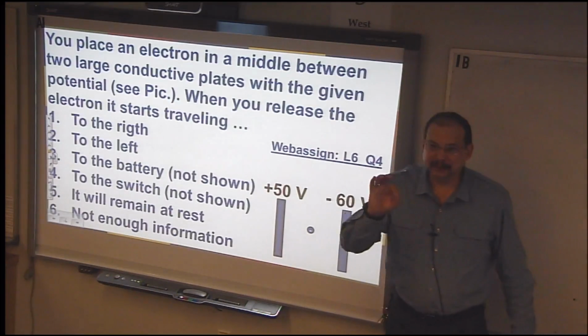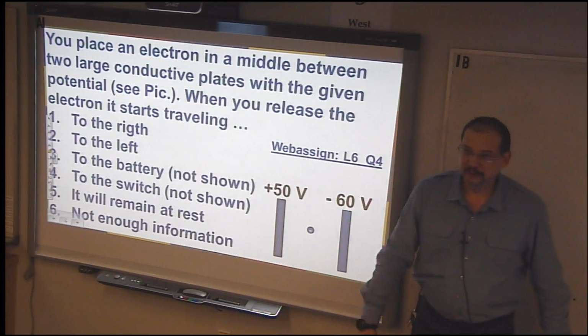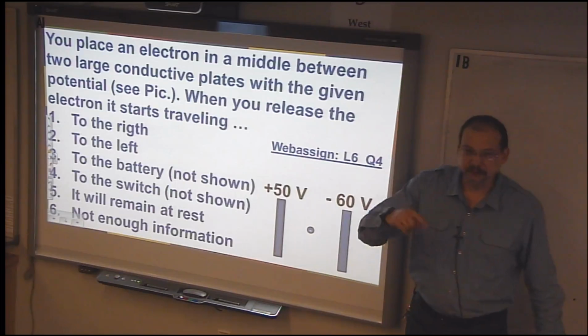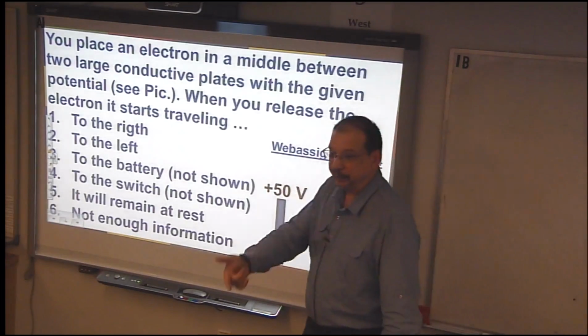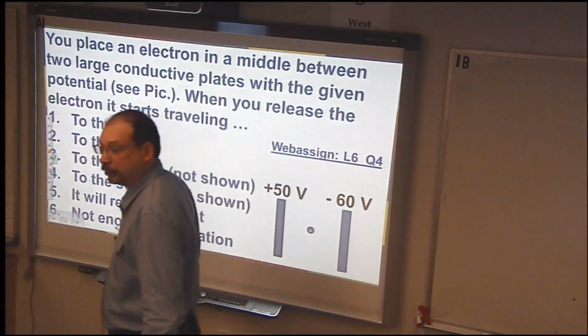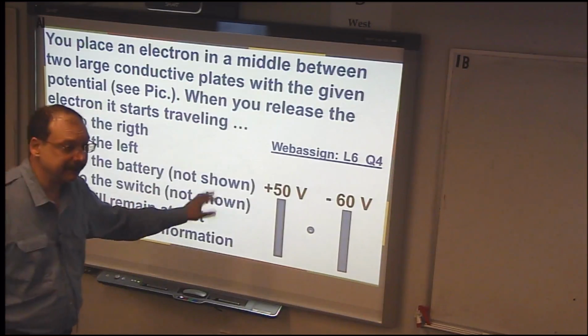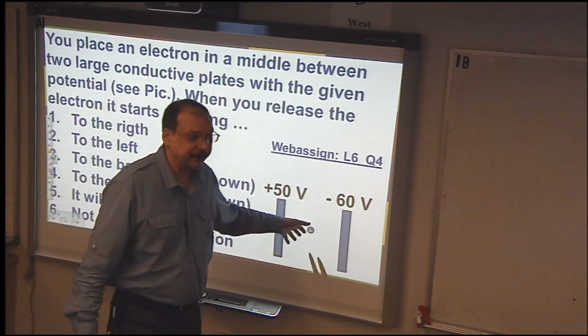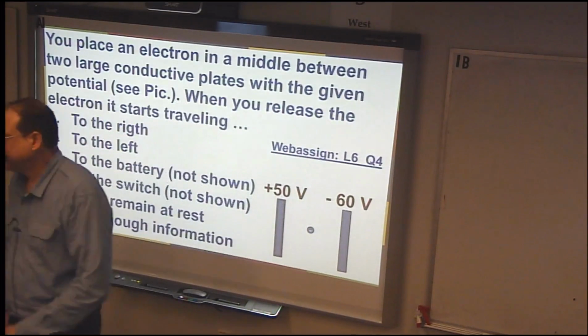If you let an object go from rest, the direction of its motion from rest to not rest anymore should be the same as the direction of the acceleration. But acceleration is provided by the force, well, net force. In this situation, we can neglect gravity, no strings attached, no friction, only electric force is acting on it.